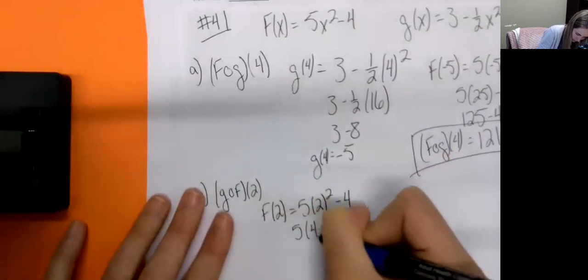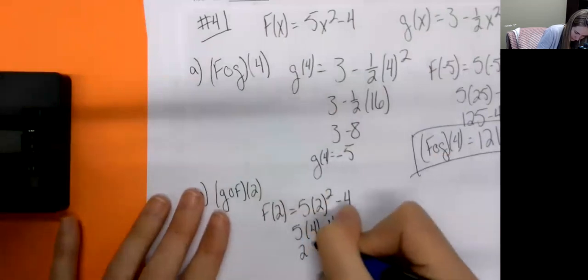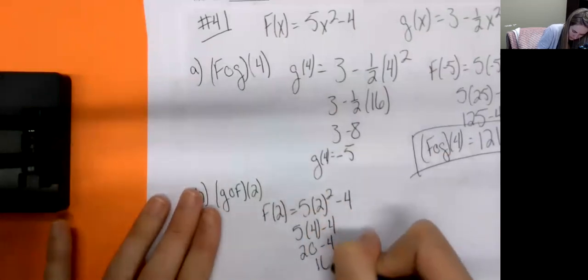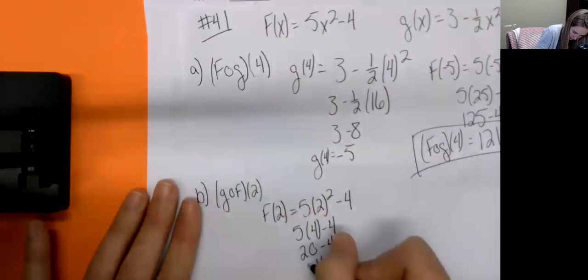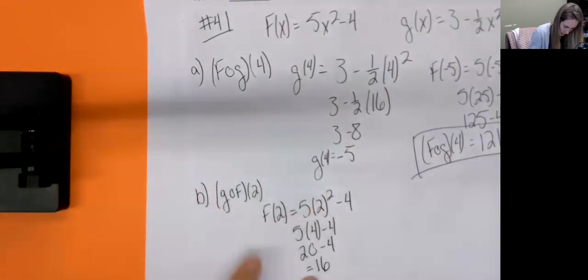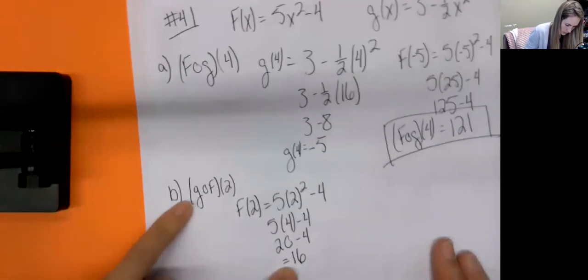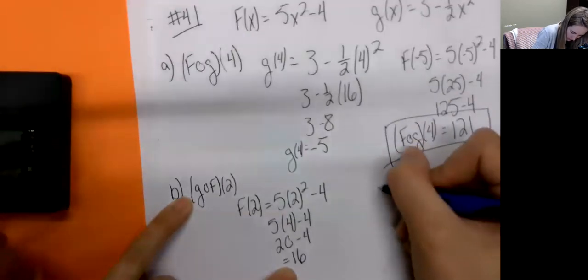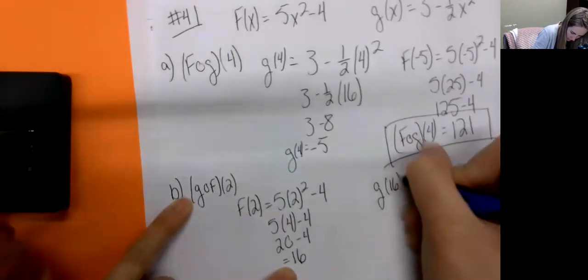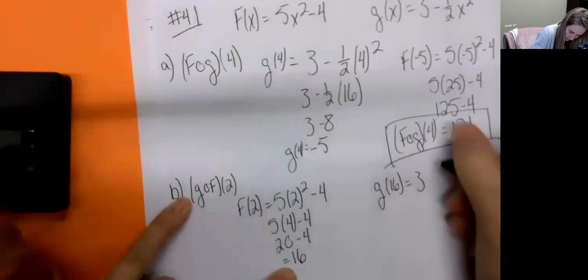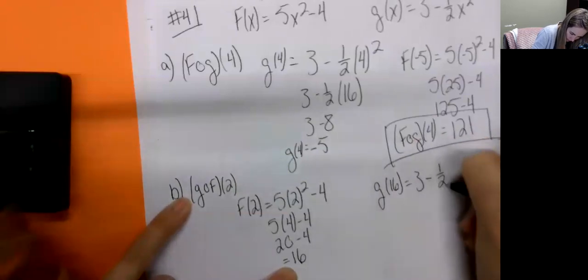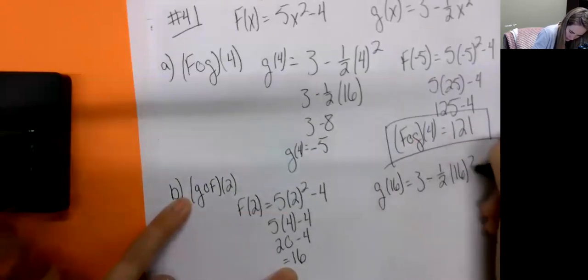So 5 times 4 subtract 4, 20 subtract 4 is 16. Then I'm going to take my 16, substitute that into this g function. So we have g of 16 equals 3 subtract 1/2 of 16 squared.